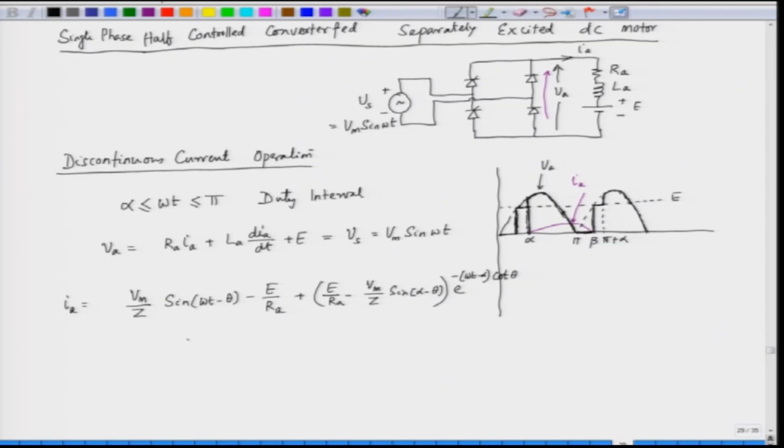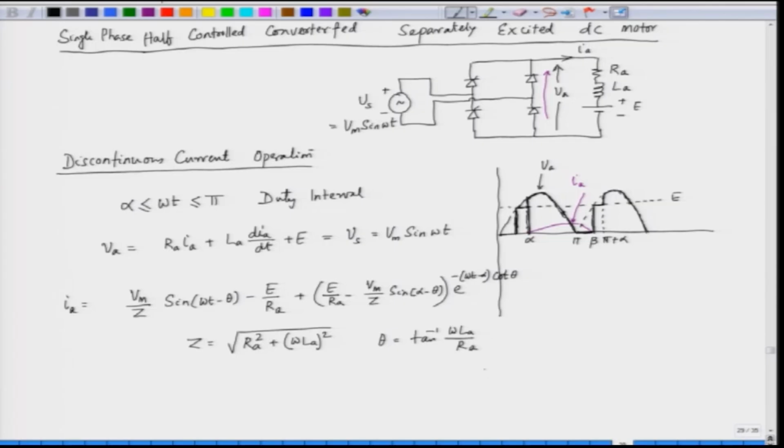Here, Z is the impedance, which is the square root of R A squared plus omega L A squared, the impedance of the armature resistance and the armature reactance, and theta is tan inverse of omega L A by R A.